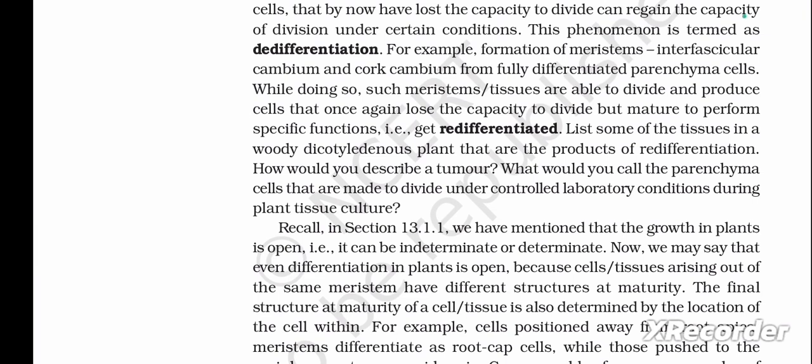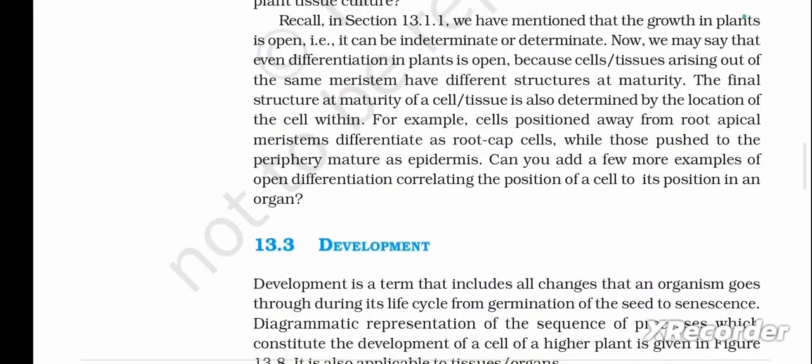The final structure at maturity of a cell or tissue is also determined by the location of the cell within. For example, cells positioned away from the root apical meristems differentiate as root cap cells, while those pushed to the periphery mature as epidermis. Can you add a few more examples of open differentiation correlating the position of a cell to its position in an organ?